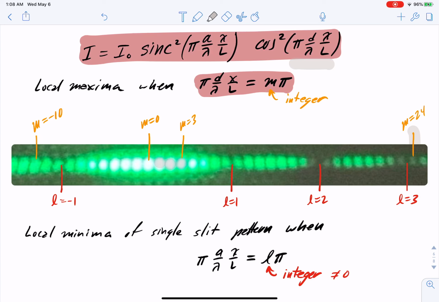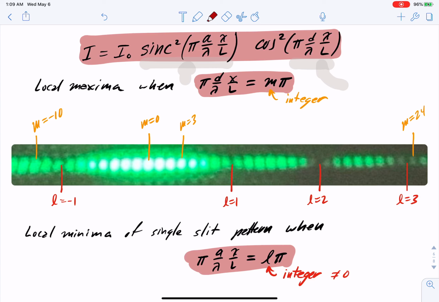Now, we can do the same thing for the sinc term. The difference is that while over here the simple thing is the maximum, over here the simple thing is the minimum, because the sine, which is in the numerator of the sinc, has zeros when the argument is a multiple of pi. So we have the same pattern, but it gives the minimum.